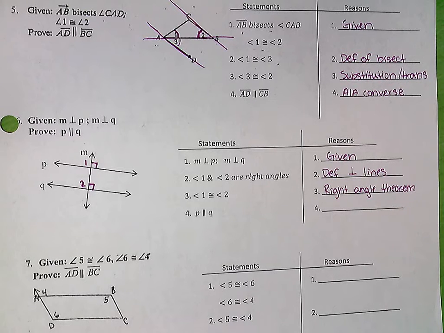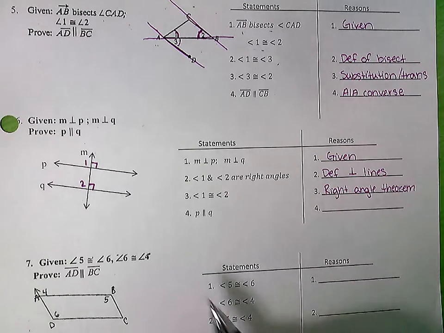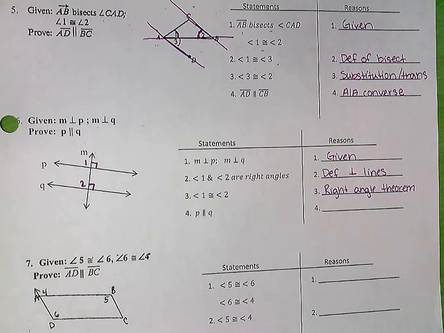What's the definition of right angle? If it says it's a right angle, then you can say it's equal to 90 degrees. So if I would have said angle 1 is equal to 90 degrees, that would be a definition of a right angle.